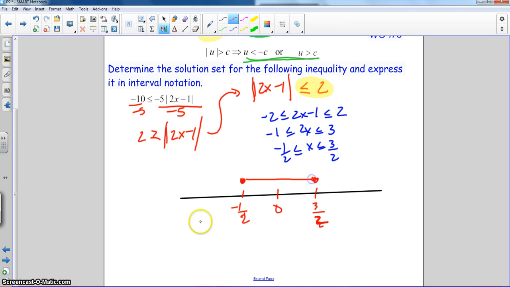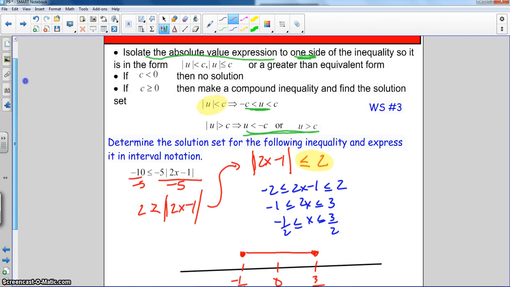So this is what's happening. I should say at the end that the solution set is, since we have equality, bracket negative 1/2 comma 3/2 bracket. Alright, and then I'm done with the problem.